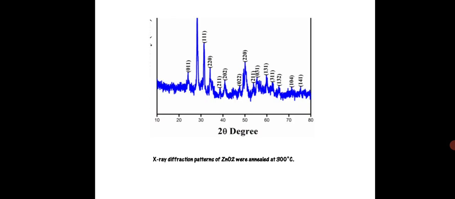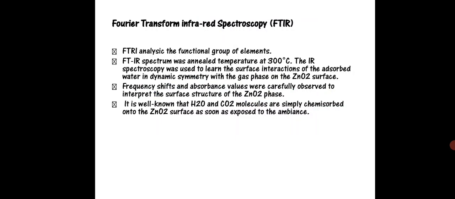The next study, Fourier transform infrared spectroscopy, the FTIR. The FTIR analyzes the functional groups of the element. The FTIR spectrum was taken at the annealing temperature of 300 degrees C. The IR spectroscopy was used to learn the surface interaction of the adsorbed water and dynamic symmetry with the gas phase of the zinc oxide surface.